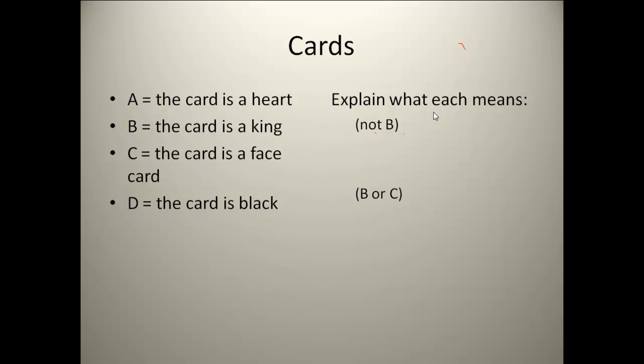If we wanted B or C, this is an or, so that means the card is a king or the card is a face card. C and D would be that the card is a face card while at the exact same time the card is black. So those would be our 3 different notations.